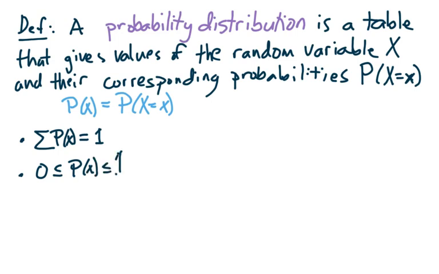These are things that we needed to have for probabilities anyway, that the sum of all the probabilities of each individual outcome has to be 1, and that the probability itself has to be between 0 and 1. But now we're collecting it in sort of a different way.